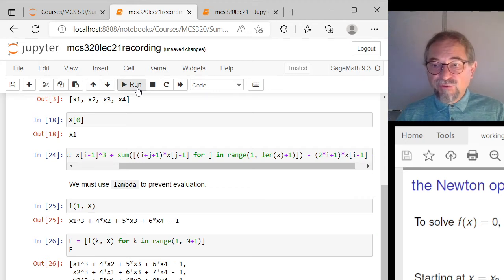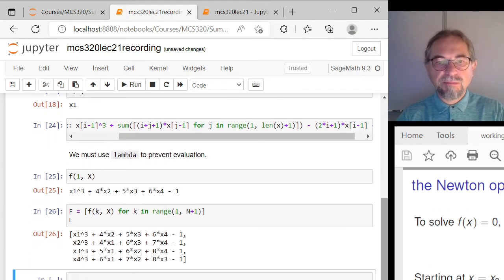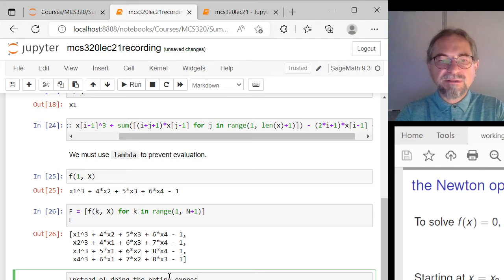Okay, so that was our first exercise, and that took me quite a while. So important here is the preventing of the evaluation. The other important thing that you probably have seen as you have seen me stumbling through this: instead of doing the entire expression at once, work piecewise.